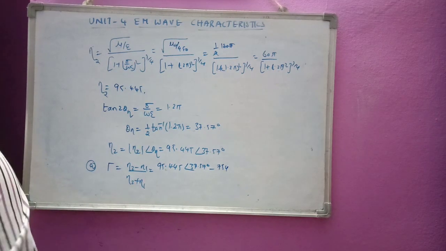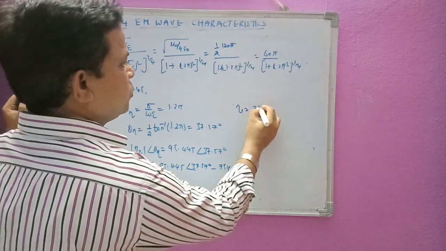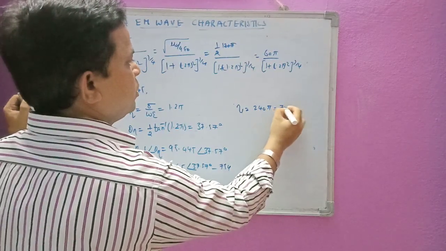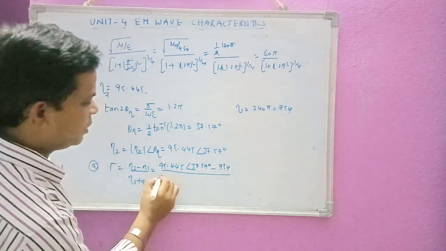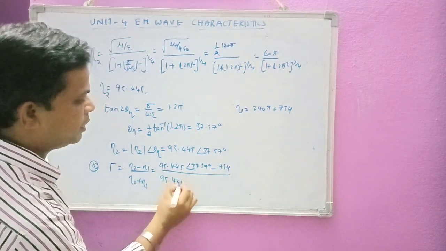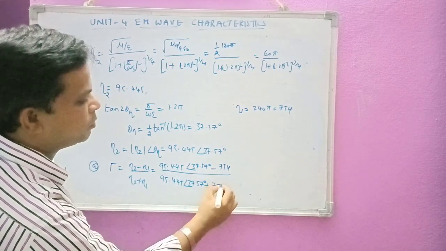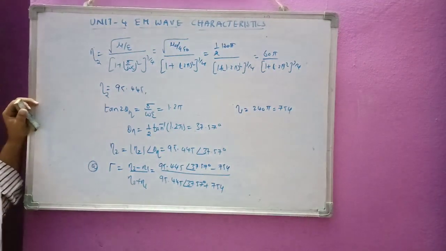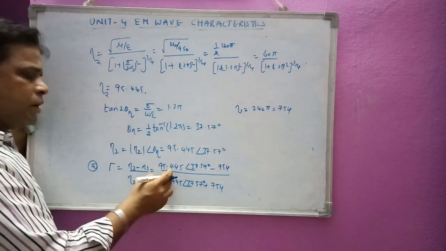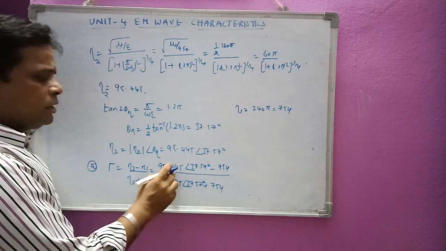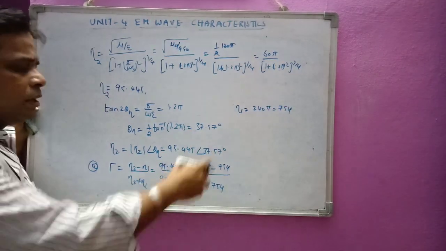So if we have eta 1 as 240 pi, this will be equivalent to 754. So it is 95.445 at an angle of 37.57 minus 754, by 95.445 at an angle of 37.57 plus 754. Now you convert this value into a plus ib form, or x plus iy form, and again convert it into polar form, take the ratio and you will get the angle.